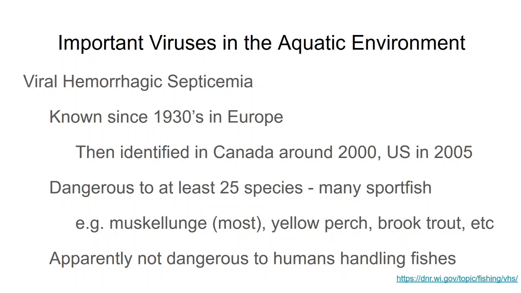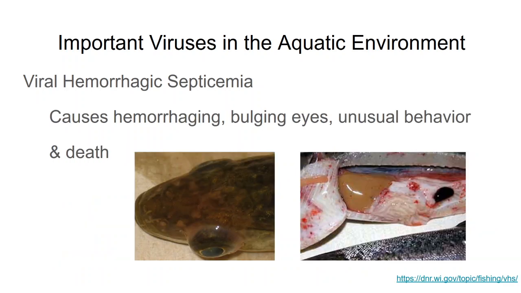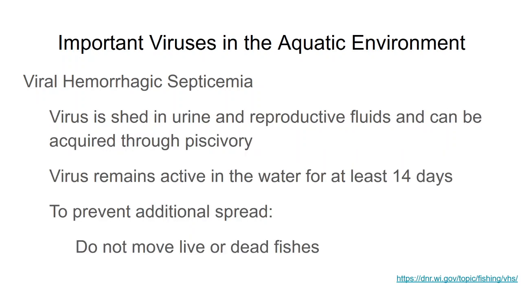We're very different creatures in a lot of ways. And so it makes sense that those viruses are unlikely to affect humans directly. When we look at fishes that are affected by VHS, we see symptoms like hemorrhaging, bulging eyes. Those frequently scale up into unusual behaviors and eventually kill the fish.